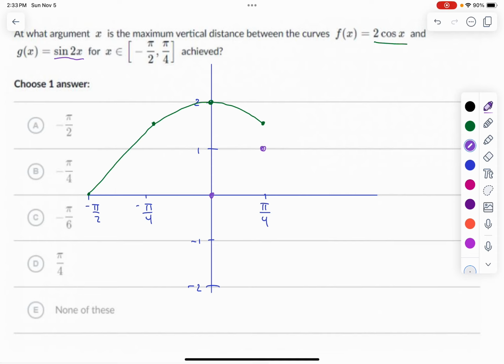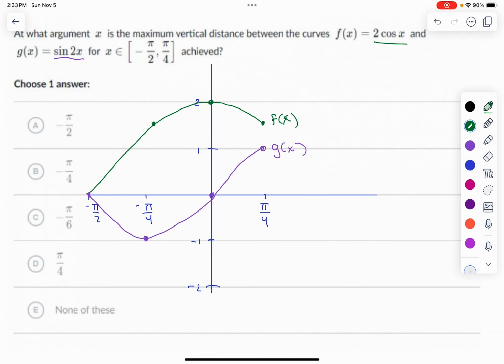When you plug in negative pi over 4, the sine of 2 times negative pi over 4 is the sine of negative pi over 2, which is -1. And when you plug in negative pi over 2, you get the sine of 2 times negative pi over 2, which is the sine of negative pi, and that's 0. So here's my sine of 2x graph. I'll label them. So this is g of x, and this is f of x.